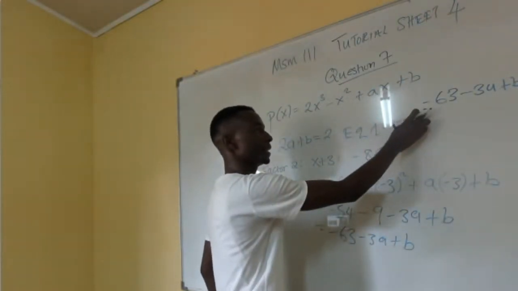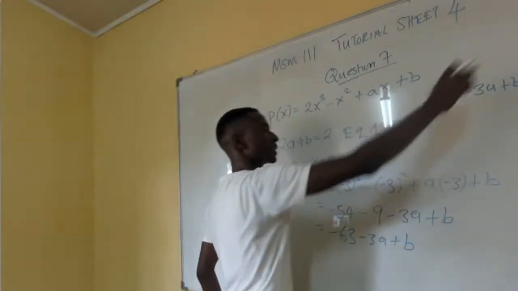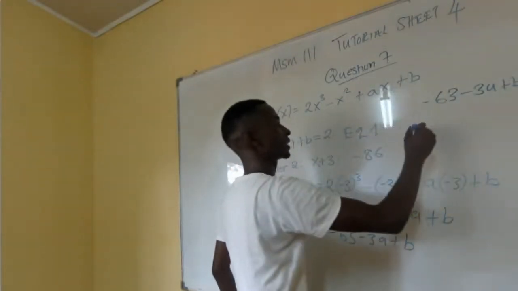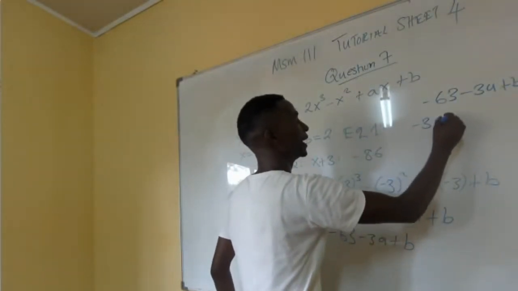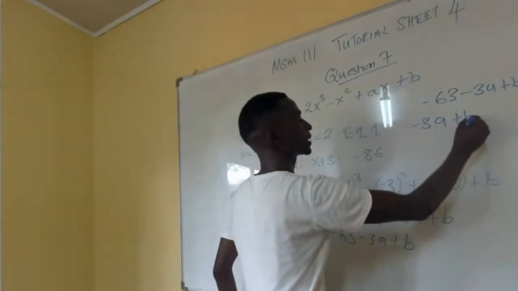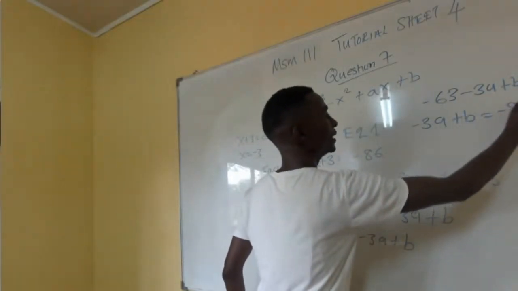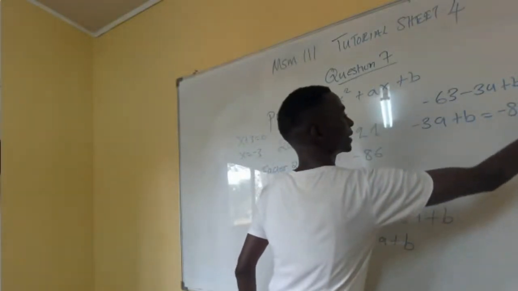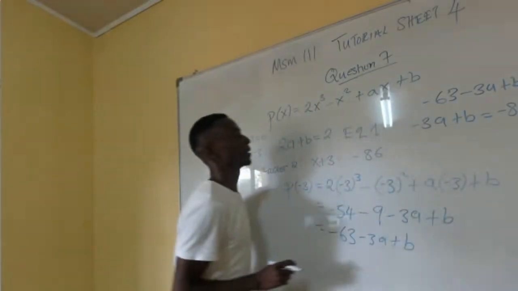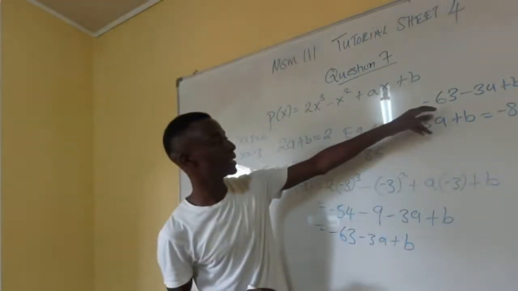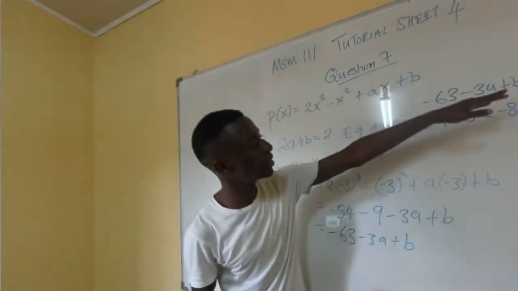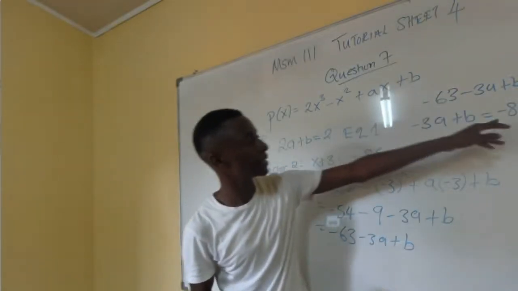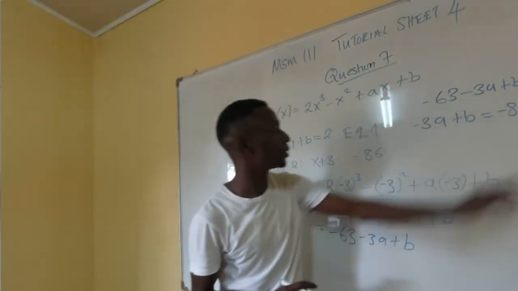Negative 63 there is constant, so it can cross the equal side, it can go the other side. So you have negative 3a plus b equal to negative 86 plus what? 63. Because there it is negative, so it has crossed the equal side, the sign has changed from negative to positive.